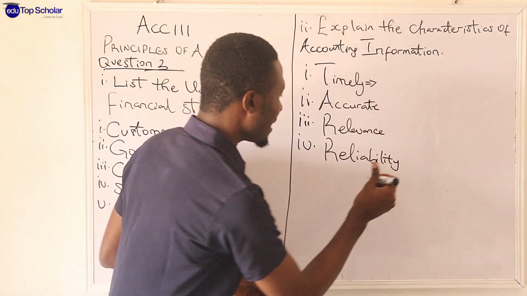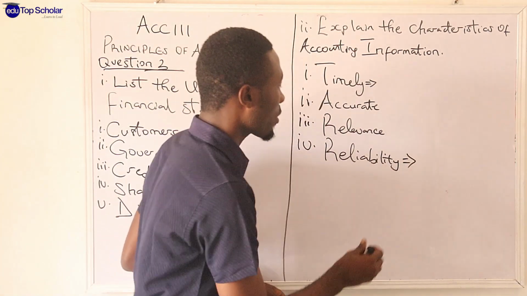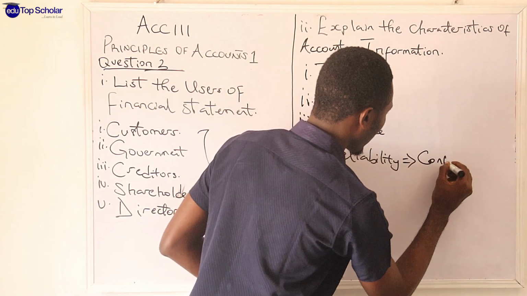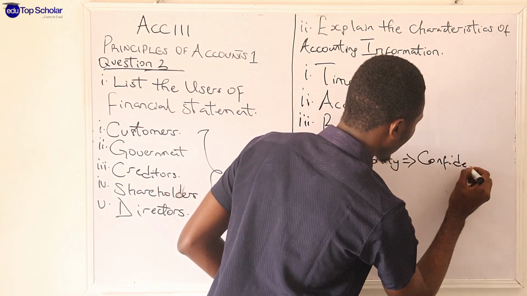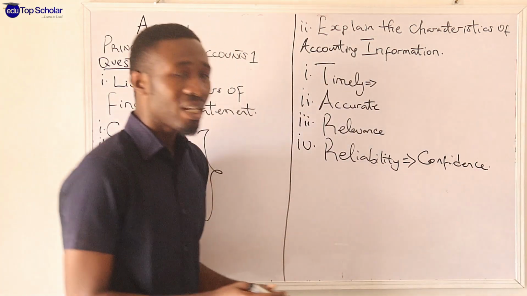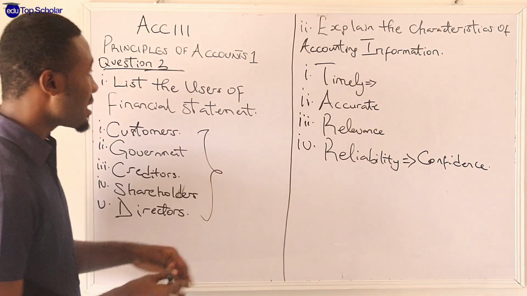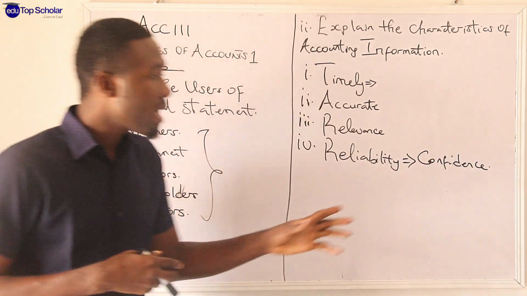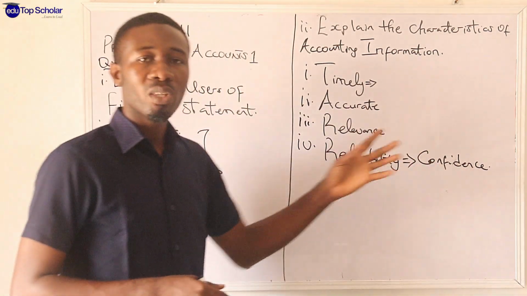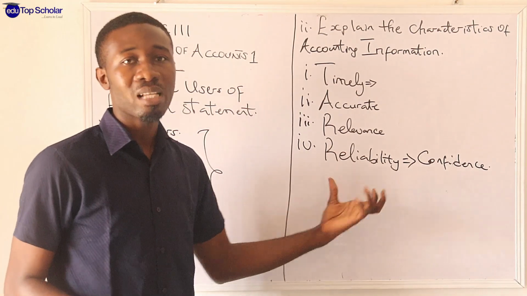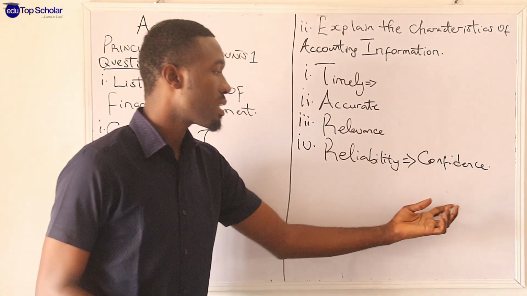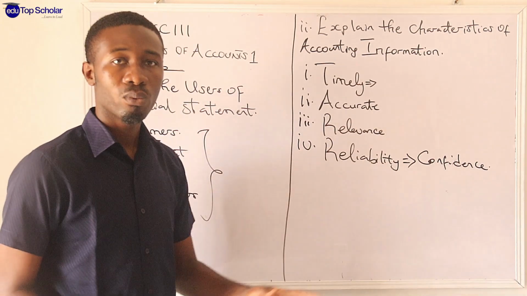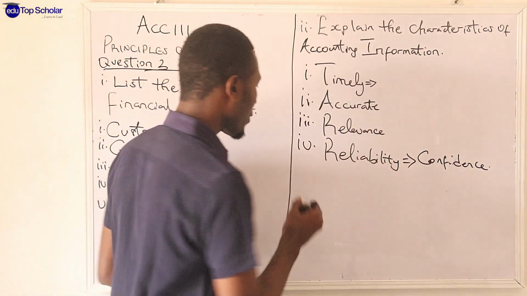There must be confidence in it. The users of that accounting information must be able to have confidence in the accounting information that has been presented to them, so that they don't make decisions out of error. Then the next one is comparability.